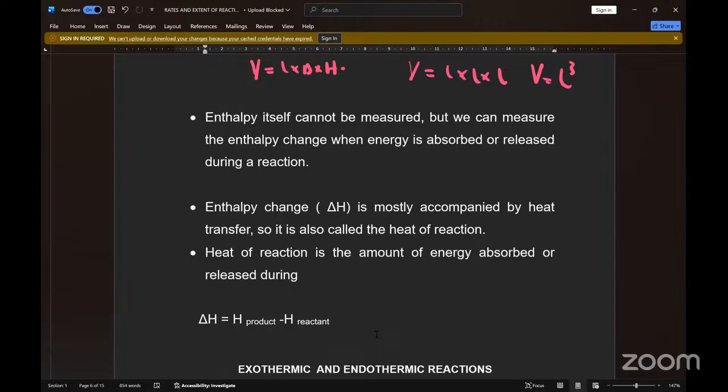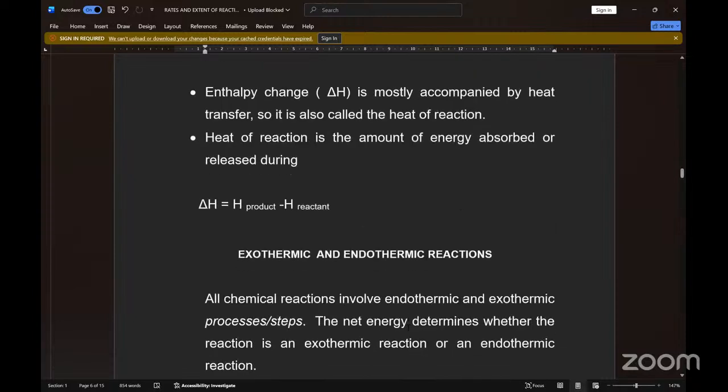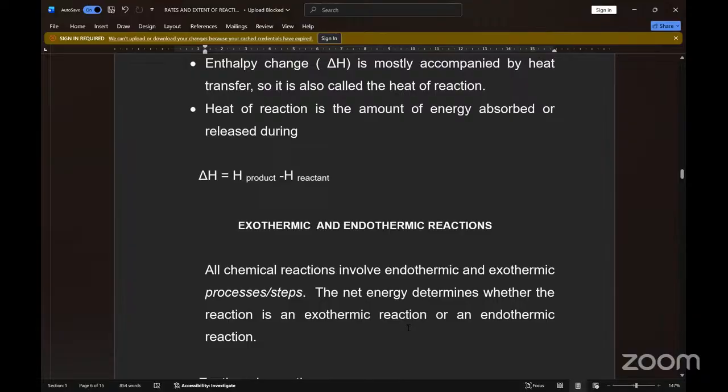Enthalpy change is simply the same thing as heat of reaction, which is the heat or the energy of the product minus the energy of the reactant. So basically, that is what enthalpy change is, or heat of reaction. So heat of reaction is simply the amount of energy that is absorbed or released during a reaction. Okay, so that is heat of reaction for you.